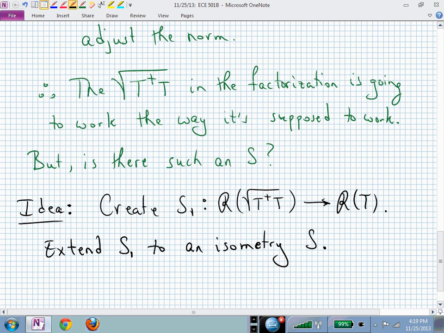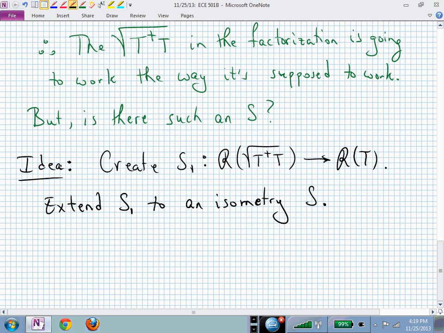So let's first define a map for S sub 1.